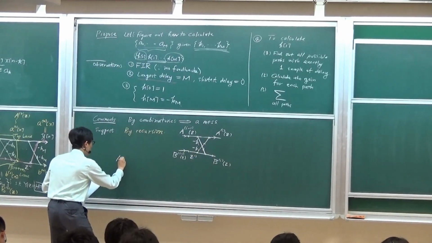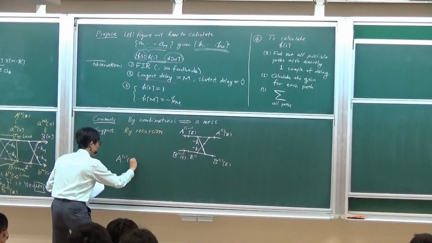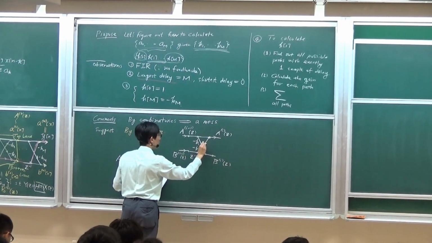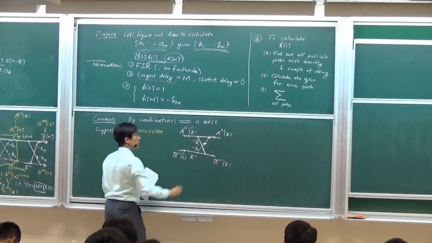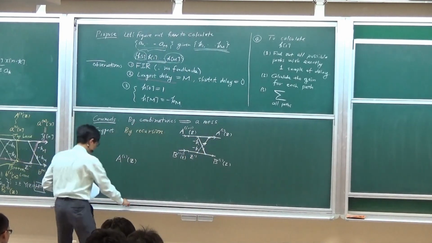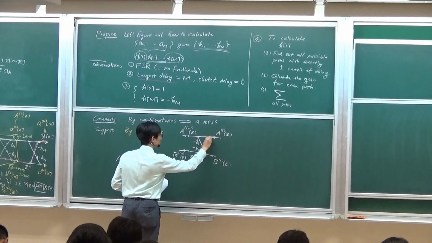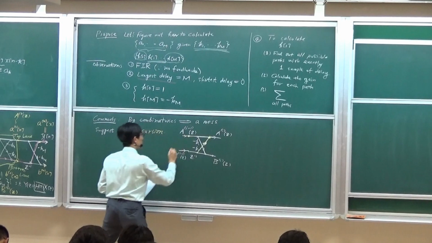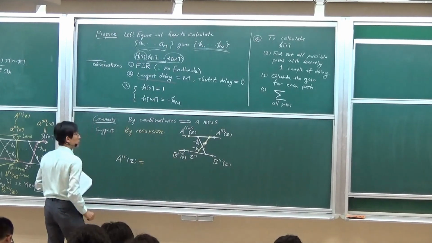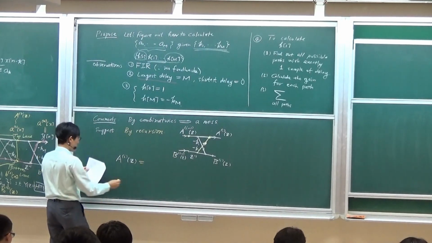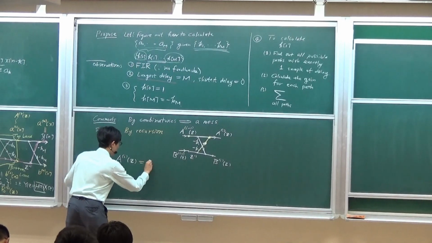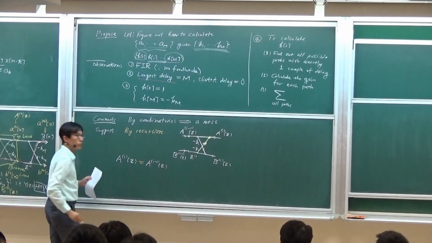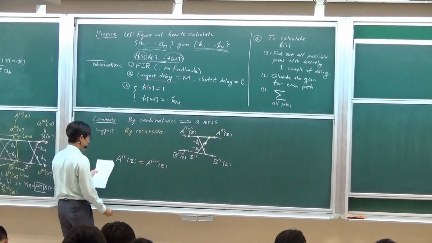So A superscript i of Z, that's on the far right here. It should be the sum of this and this, right? One path is directly feeding from left to right. That term is still there.